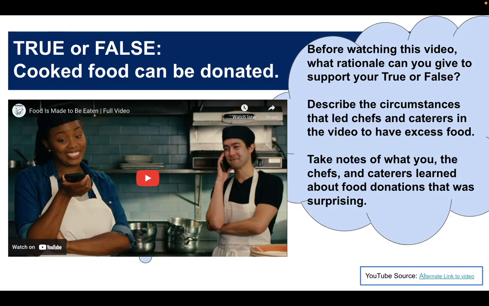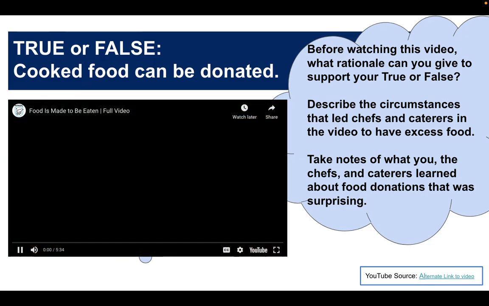I'm not going to play the video for you here, but it is only about 5 minutes long. So I encourage you, though, to watch it before you teach this activity to your students. And I've also, in the teacher guide, created the high points for you, for those of you who don't necessarily have time to take the notes yourself.